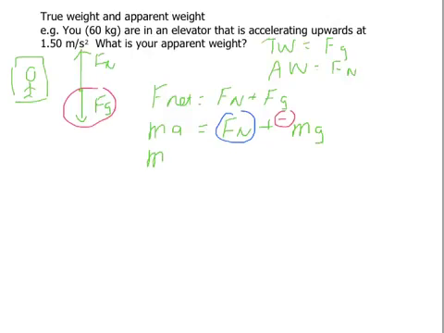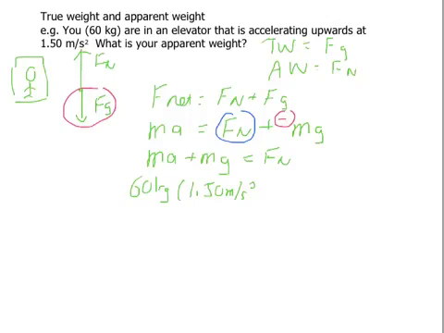So we have mass times acceleration plus mass times the acceleration due to gravity equals Fn. Now let's substitute. We can factor out the mass as well. 60 kilograms times 1.50 meters per second squared.